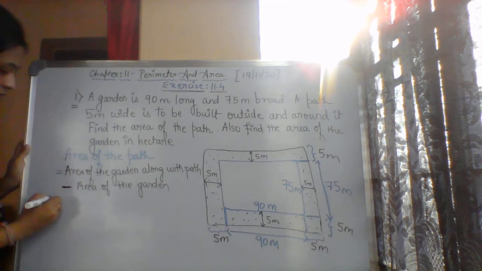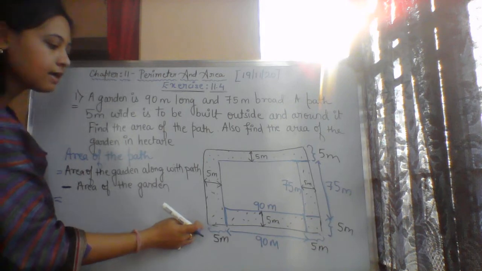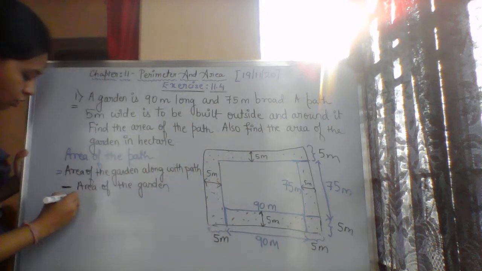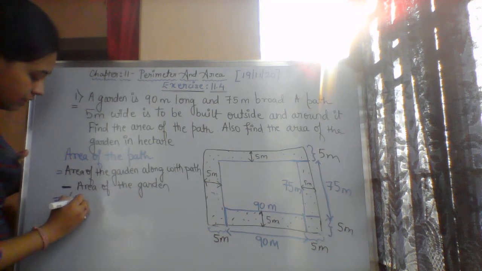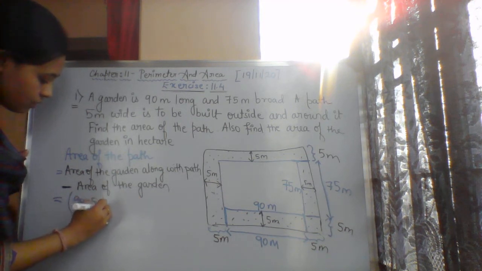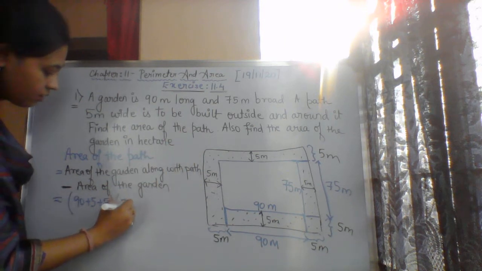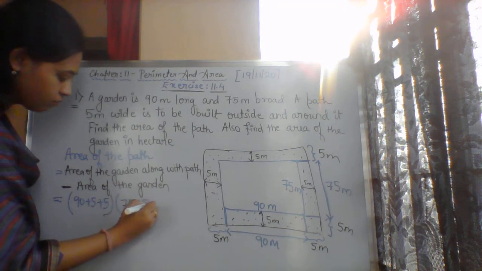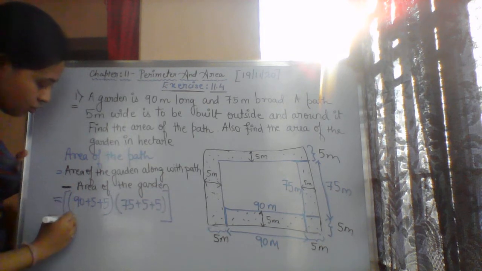Okay, how can we find out the area of the garden along with the path? It is the greater rectangle's length into breadth. How much is that? Length is how much? 90 plus 5 plus 5. And breadth how much for that? 75 plus 5 plus 5. So this much I got, length into breadth.